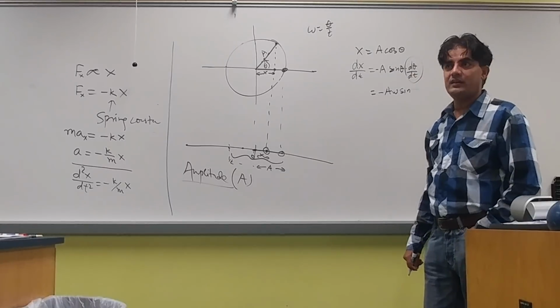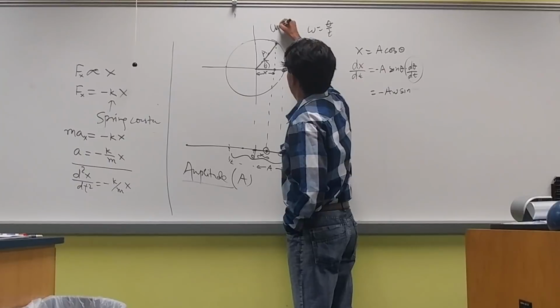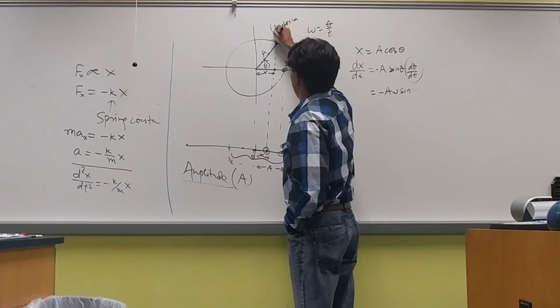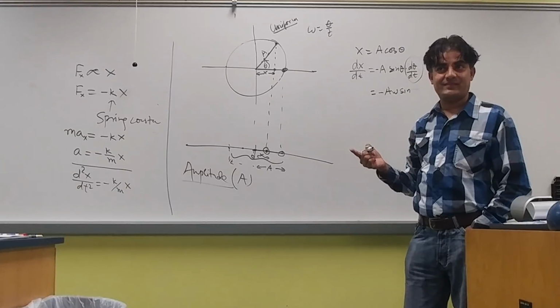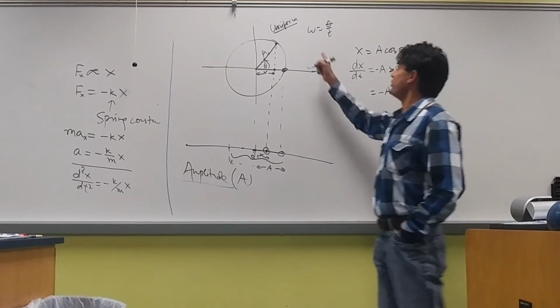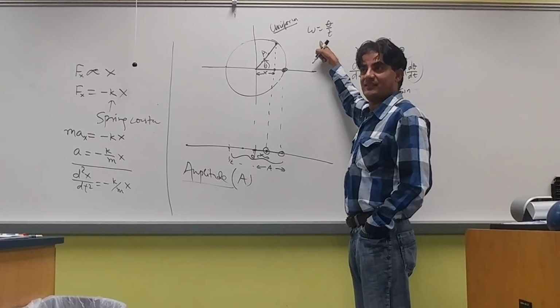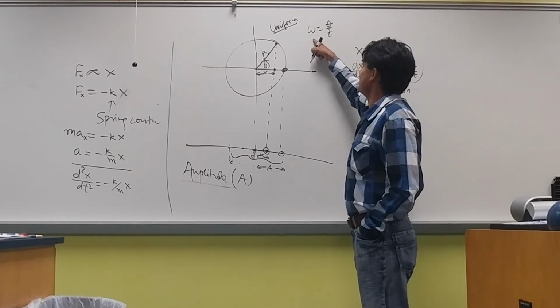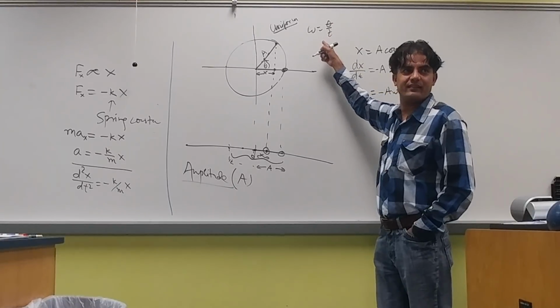Because my motion is uniform. When I say uniform, it means there is no acceleration. When there is no acceleration, it means my omega is constant. So when it is constant, I don't need to put a derivative here. Simply theta by t will be okay.